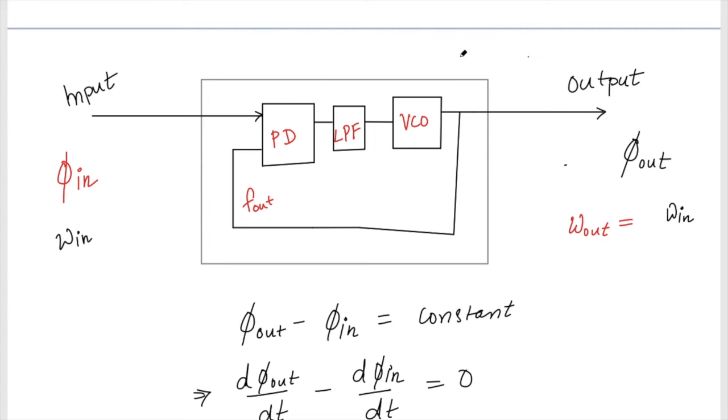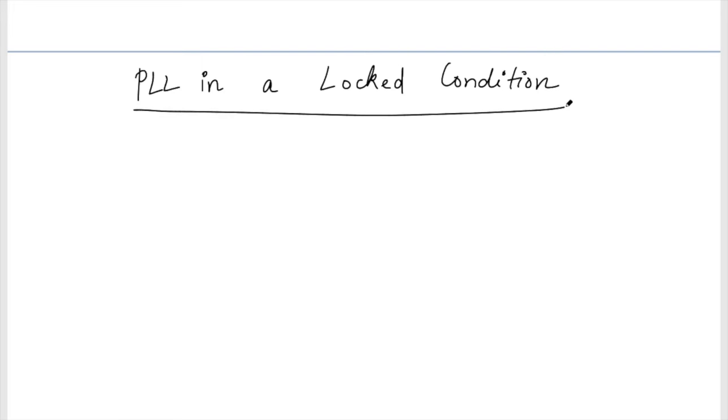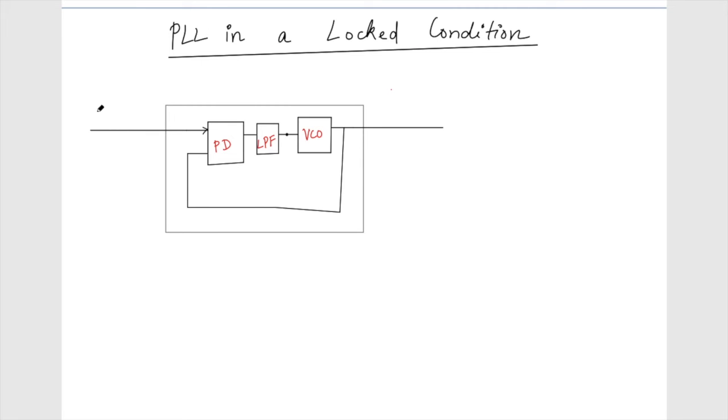Now let us try to understand the PLL in a lock condition. Suppose the input frequency is omega in, and the output frequency is omega out.